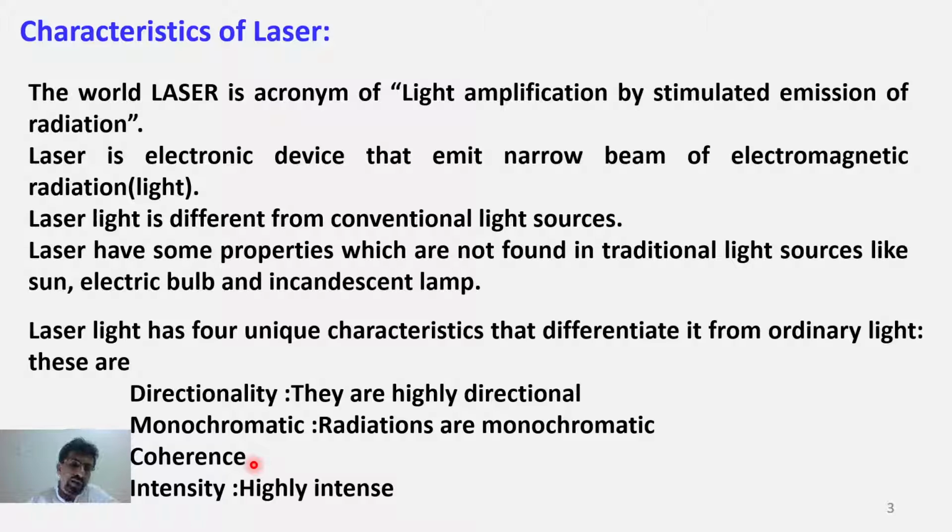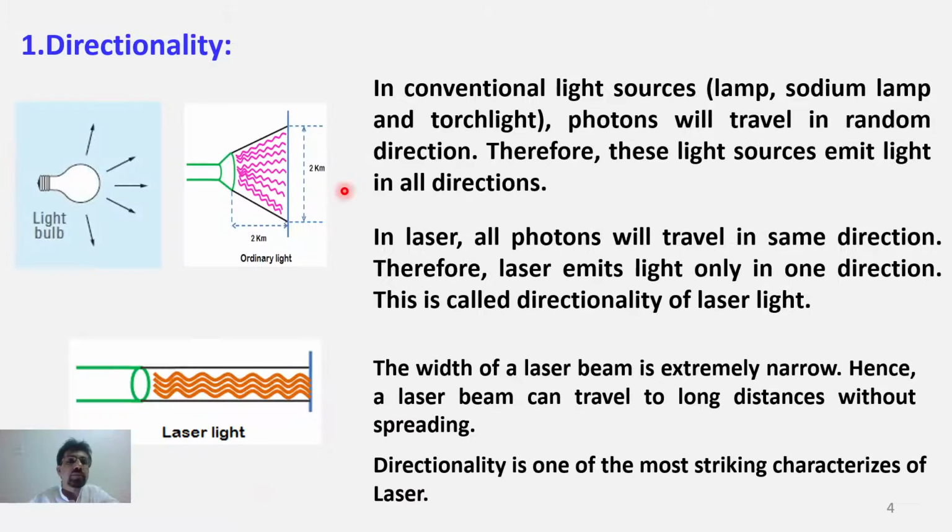The monochromatic: the light emitted from the source of the laser is monochromatic. The third one is the coherence. Fourth one is the intensity: the laser beam is highly intense.